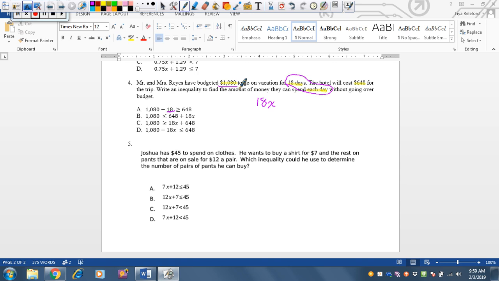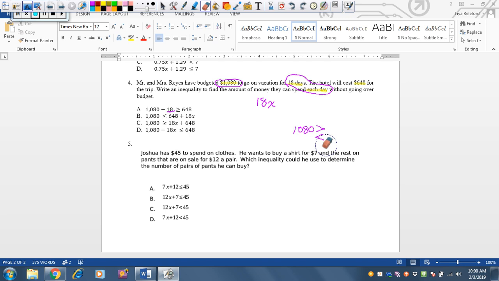Usually if it's money, money's the total. Like what they have is the total. Which way does the alligator have to eat? Does what she has have to be the most? Or does what she spends have to be more than what she has?